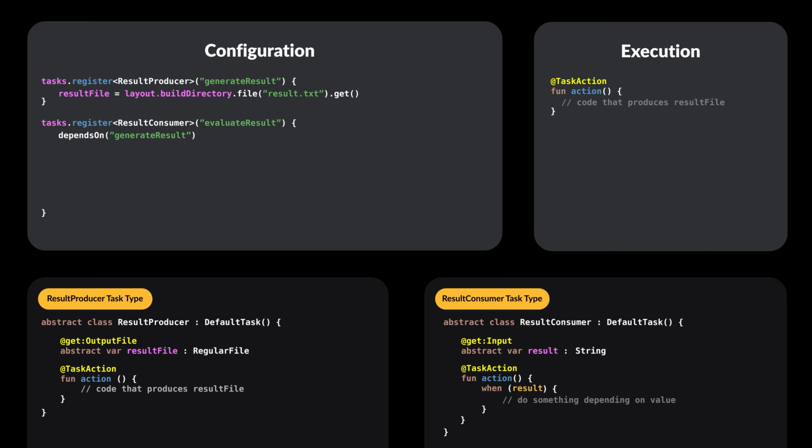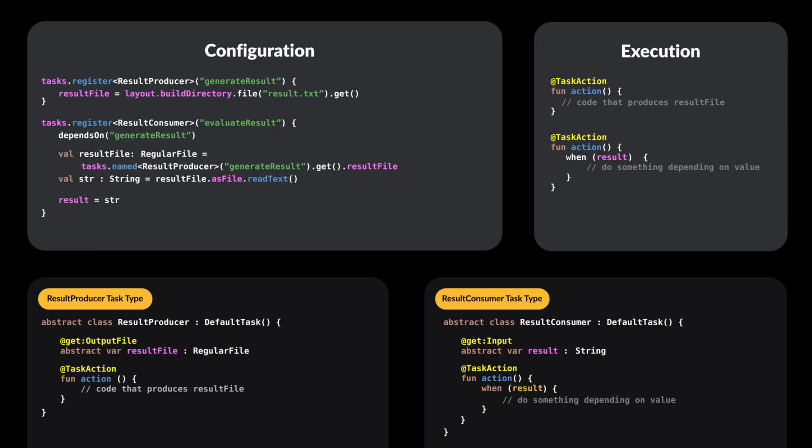For the task configuration, we need to define where the result string input comes from. We will take the result file produced by the generate result task, read it, and use the string obtained as the result input. In the execution phase, the action will be run, which will look at the result string and do something.